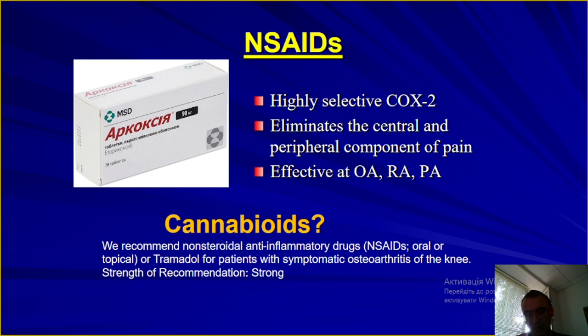But the fact is that during these few years, until we received this extra indication, a lot of doctors who were using etoricoxib in patients with rheumatoid arthritis saw its very powerful anti-inflammatory effect, and they tried to prescribe it in other diseases, for example in osteochondrosis, in neurology, and so on, and they found no effect.